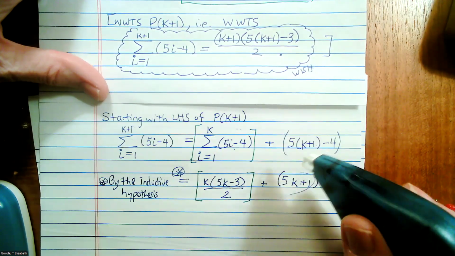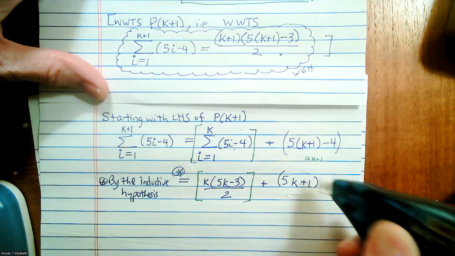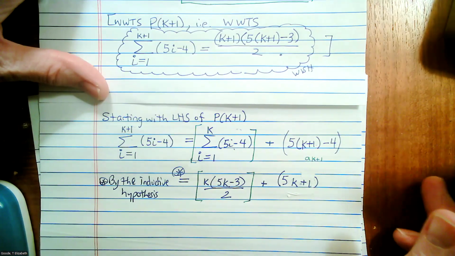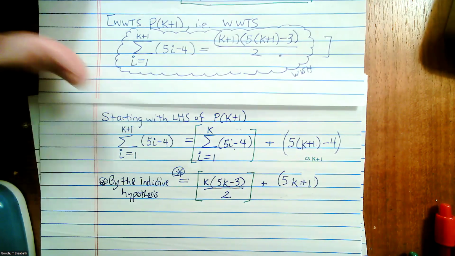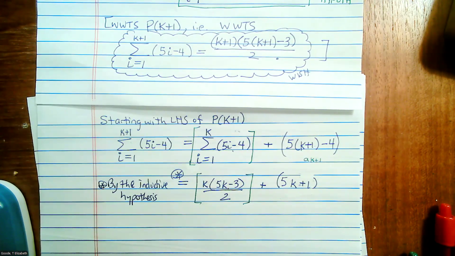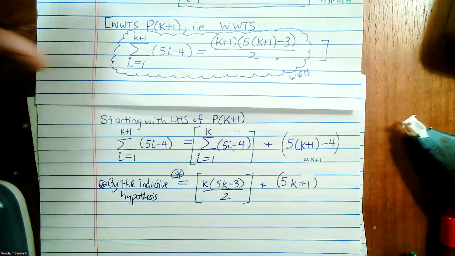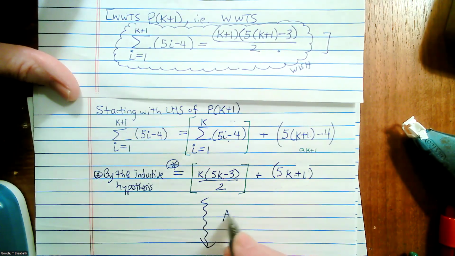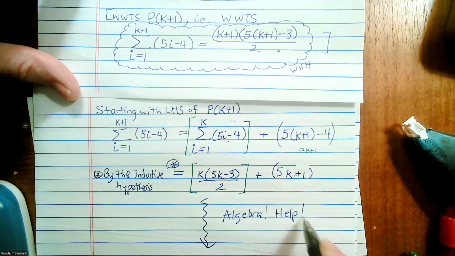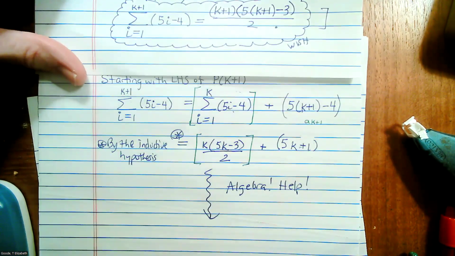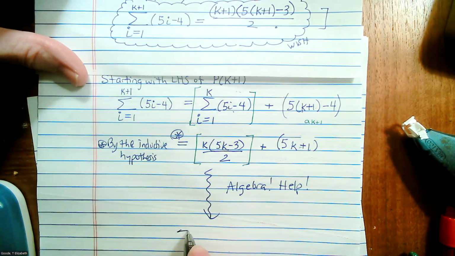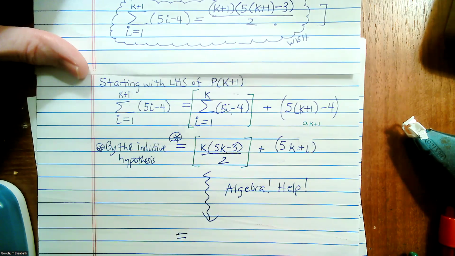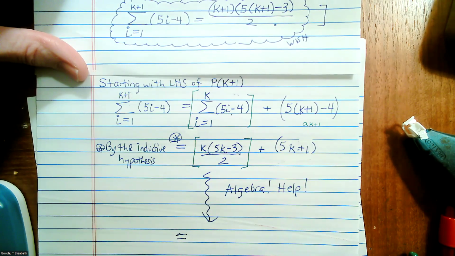So just do this, folks. You lose at most a fifth of the points on the problem. At most. Just write: algebra, help. I don't know how to do it, but show me you know what you're trying to get to. See what I mean?